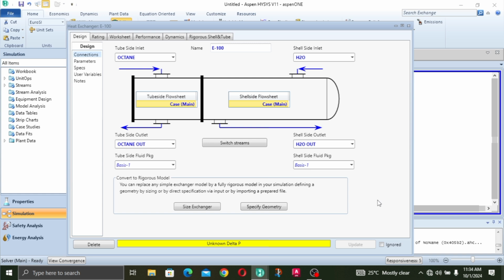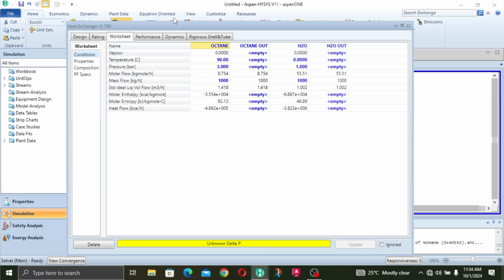For real life applications, in heat exchangers, we typically have a pressure drop of about 0.1 to 1 bar. But for ASPEN HYSYS, we could work with anything a bit more than that.